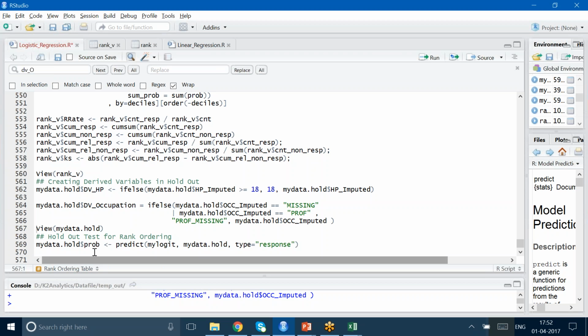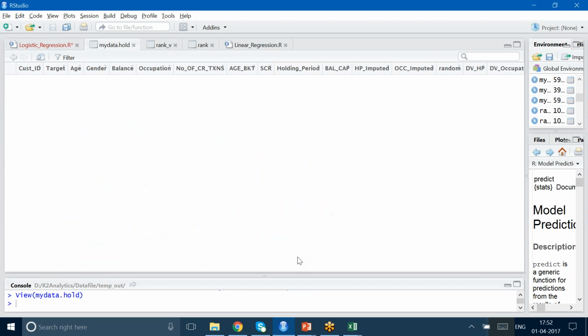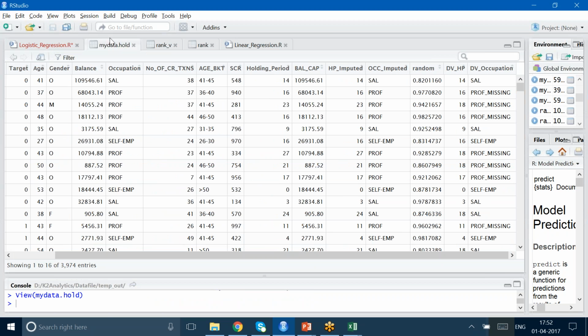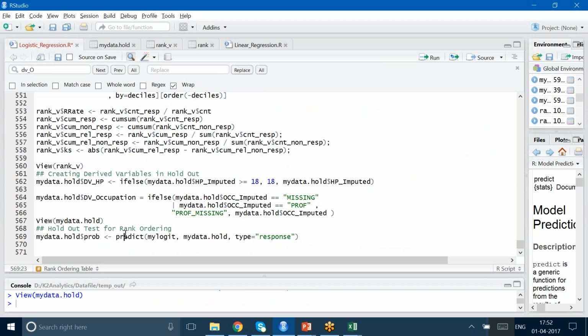Yeah. So let me quickly see the data also. So this variable is also created. This variable is also created. Let me see if there is anything. If there is nothing else, all variables are found. It has been able to compute the probability.